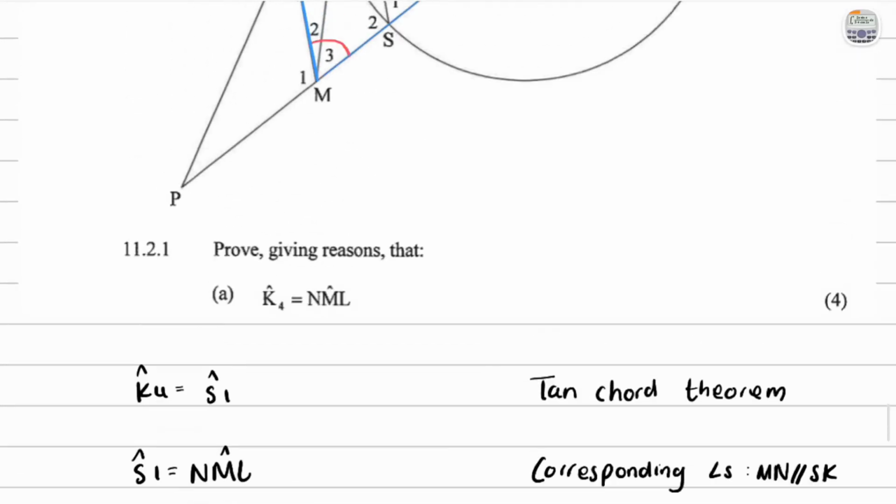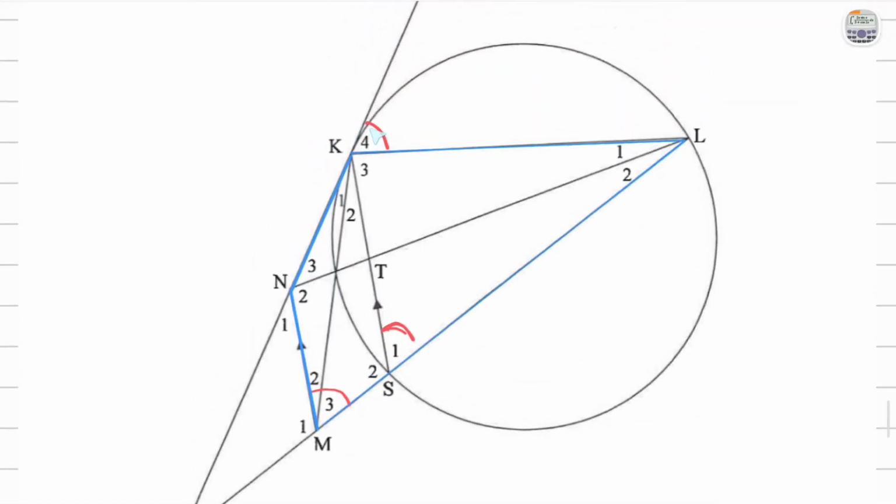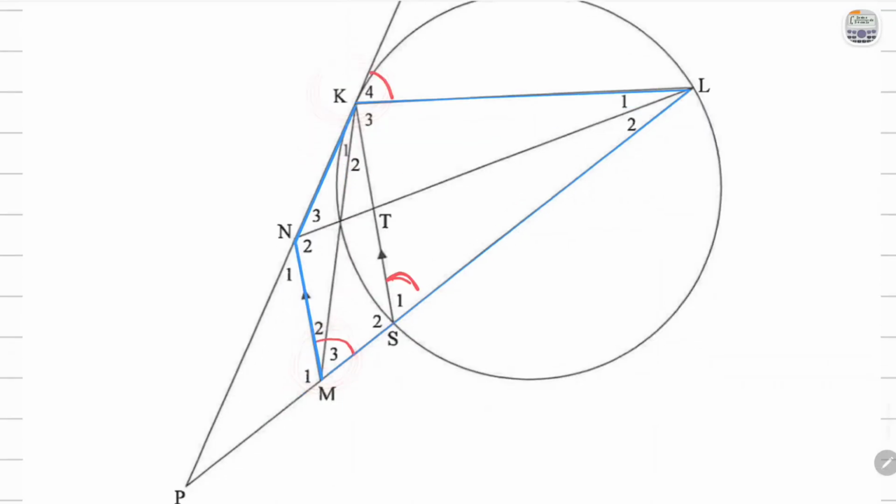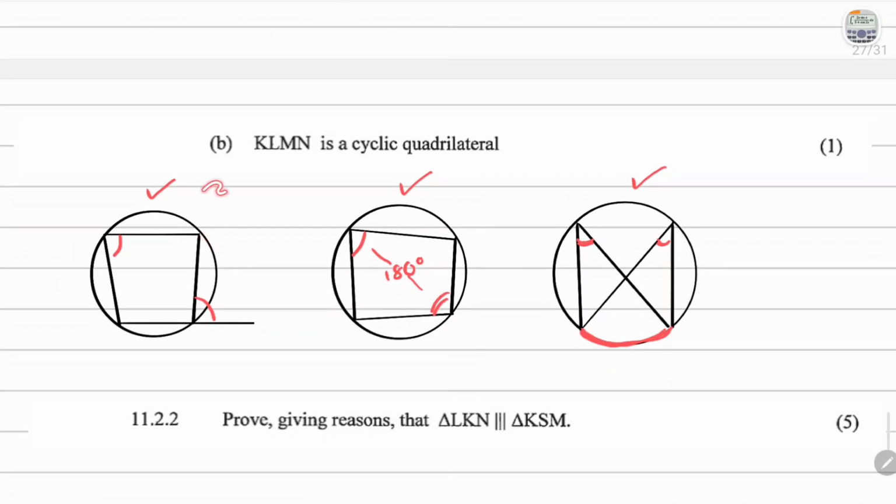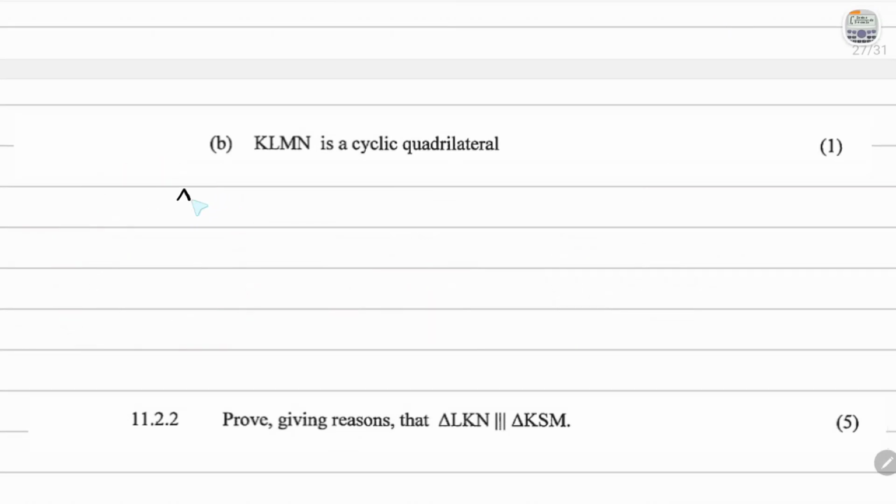But in this case, it is quite clear because we can see that the exterior angle of this quad is actually equal to the opposite interior angle. This is something we've already proven. We showed them that angle K4 is equal to angle NML. So in this case, we can just go with this theorem. So we're telling them that angle K4 is equal to angle NML, which is the exterior angle.